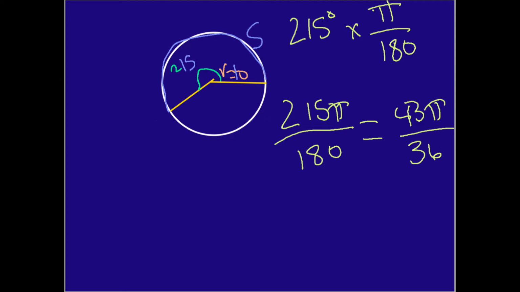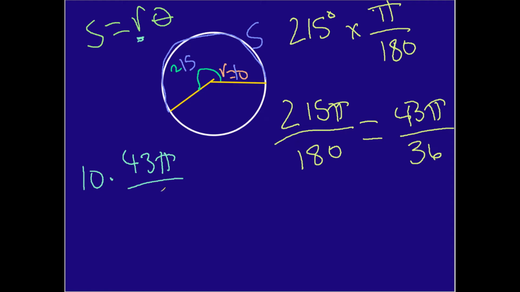Now, remember what our equation is for calculating the arc length. It's S equals radius times theta. We know that the radius is 10, that's our R, and our theta is 43 pi over 36.